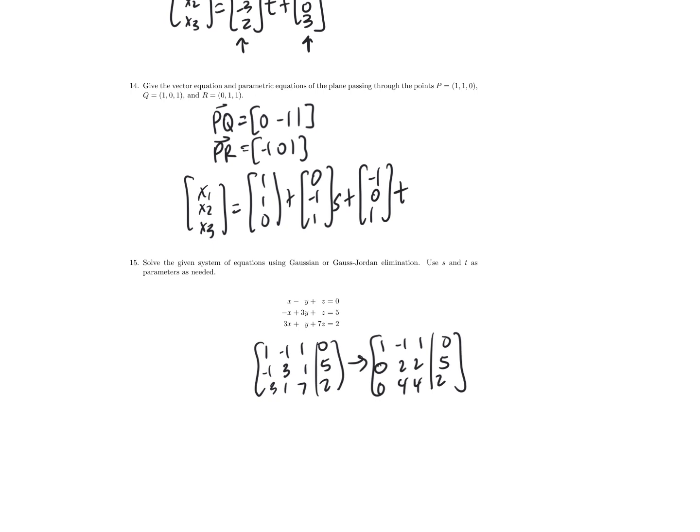What we're noticing is that the second row looks like it's going to be twice the first row, but the numbers don't match up. So when you do one more step, you're going to end up with 0, 0, 0, and then some nonzero number here. And so that means that we have an inconsistent system.